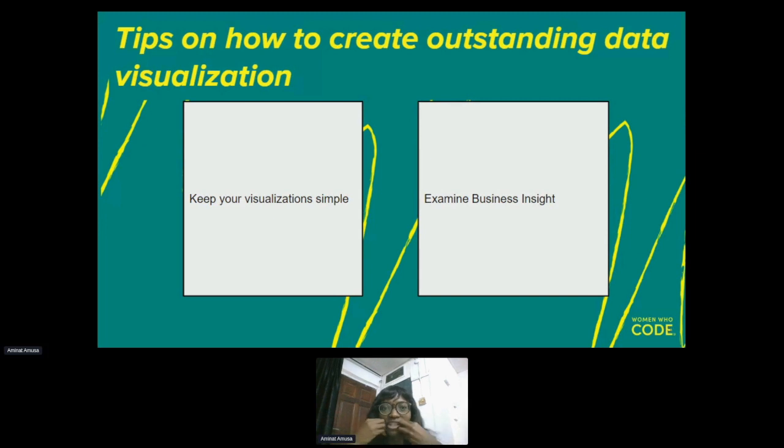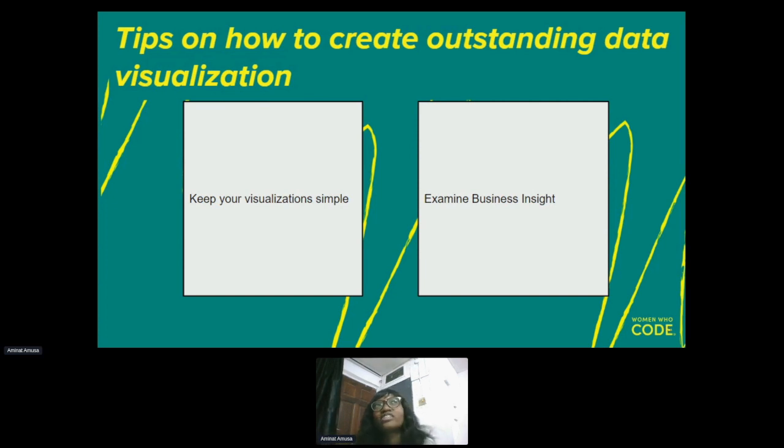If your audience has to ask you, what is your data? What's this visual saying? Then maybe you have not communicated your visualization the right way. So another tip will be examining business insights.